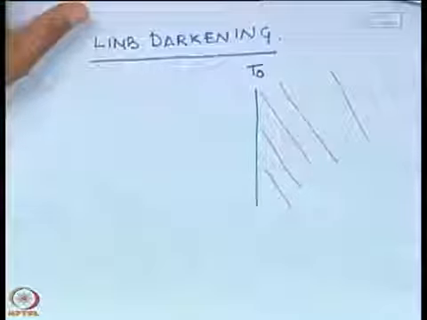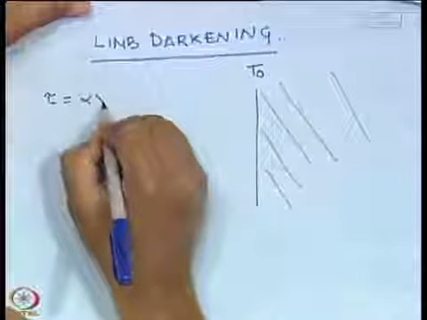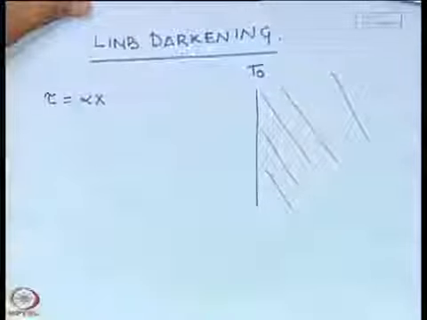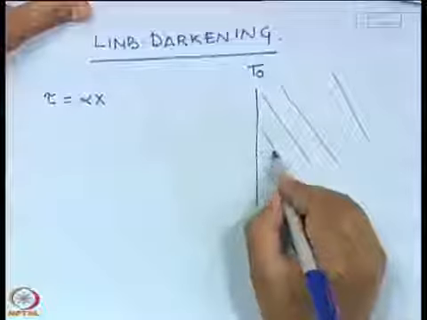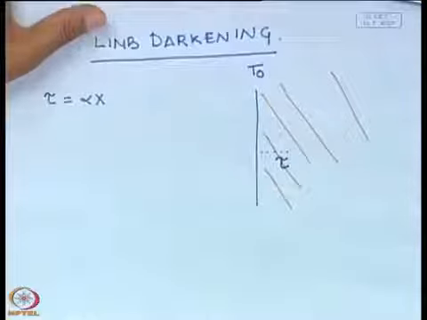Now, remember that when we discussed the propagation of radiation, I told you that it is most convenient and natural to quantify length intervals using the optical depth. Optical depth was alpha, the absorption coefficient, into distance x, alpha into x. So, the distance inside we are going to quantify using the optical depth tau, that is the important thing for radiation.